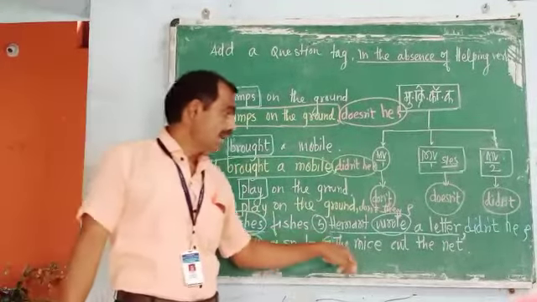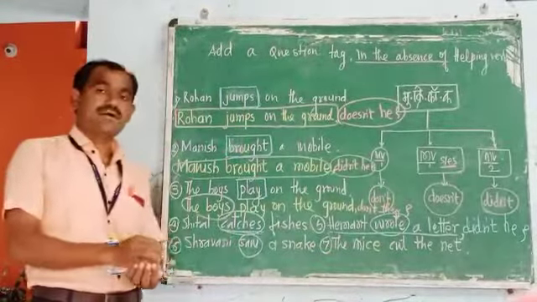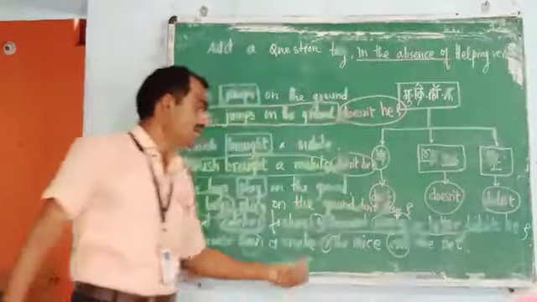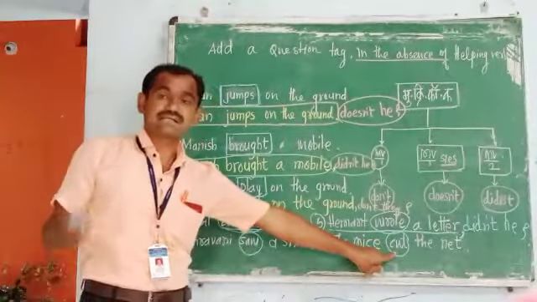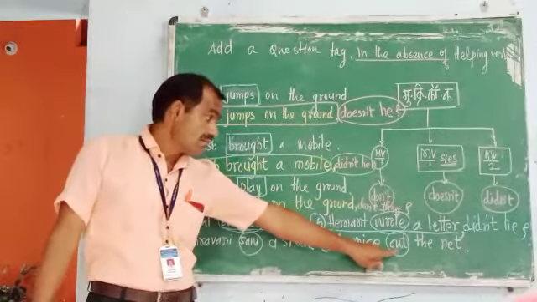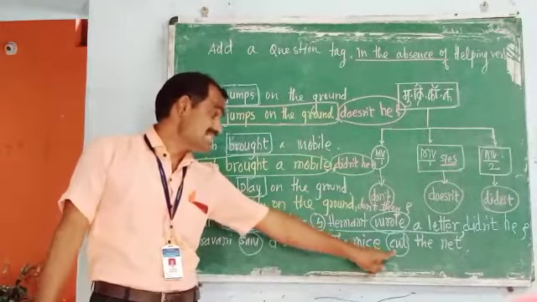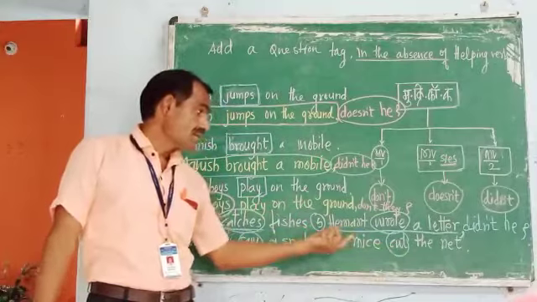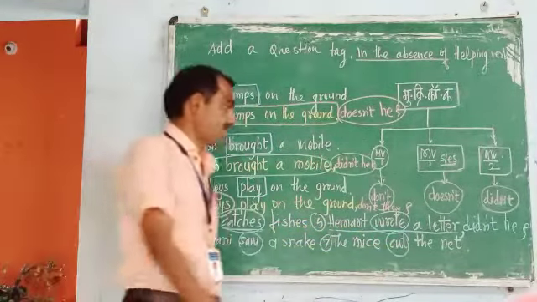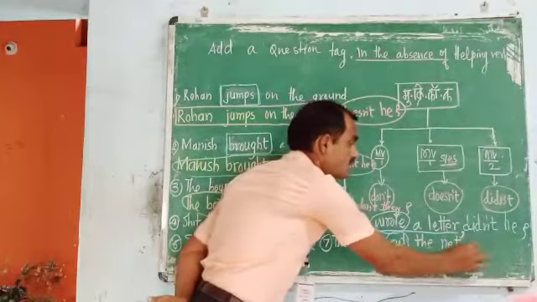Then the mice cut the net. Observe this sentence clearly. You may be confused here because cut has the same three forms. But we have to consider it as past tense, second form. The mice cut the net. So we need to use didn't.